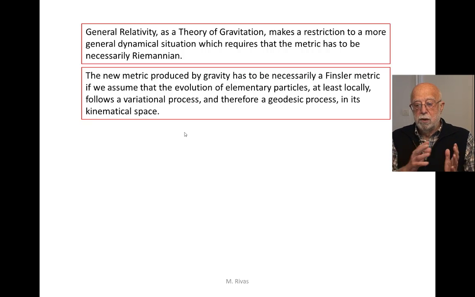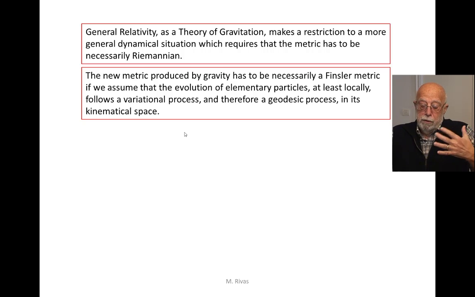If we assume that the evolution of an elementary particle, at least locally, in space-time, follows a variational formalism, that implies that locally the metric is Finslerian, and in a cosmological background, the matching of Finsler metric into a Riemannian metric is quite difficult. I mean, it's almost impossible.